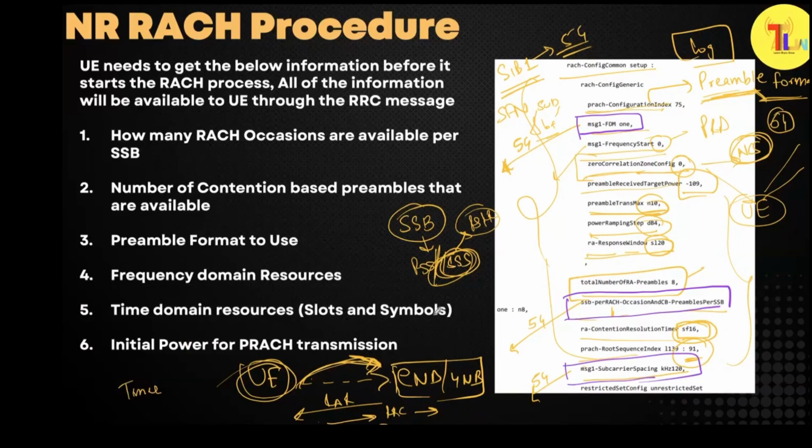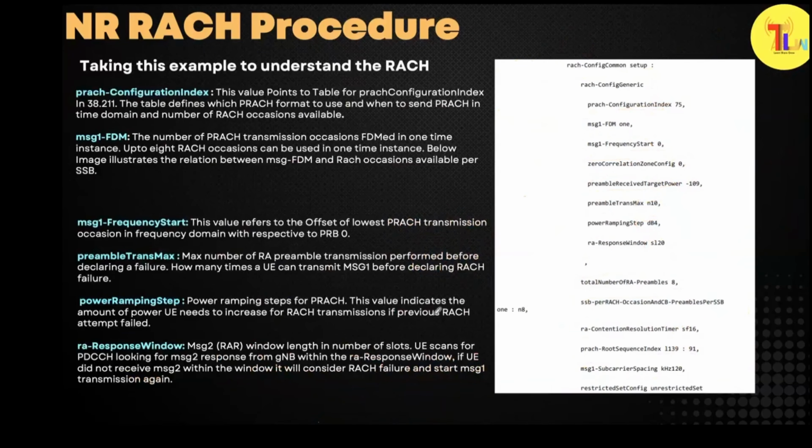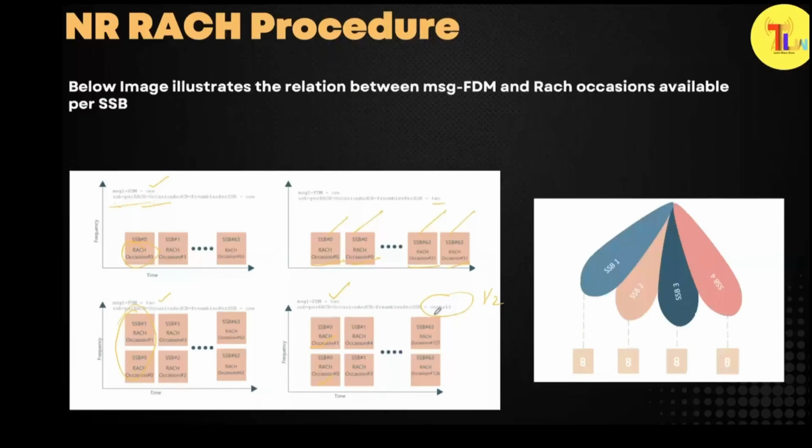These are the parameters required for the UE to send out a PRACH, because the UE doesn't have any grant, any resource sent by the eNodeB or gNodeB saying send me the uplink synchronization on these resources. This is what I have explained.